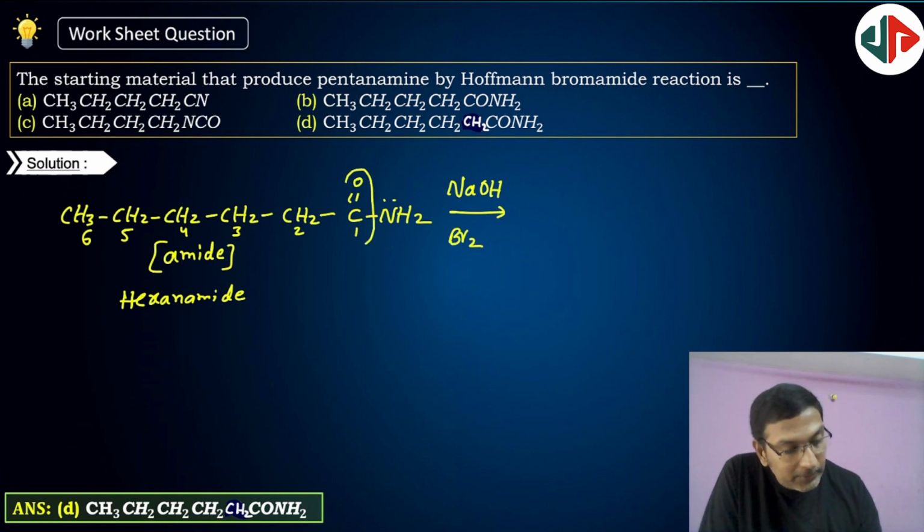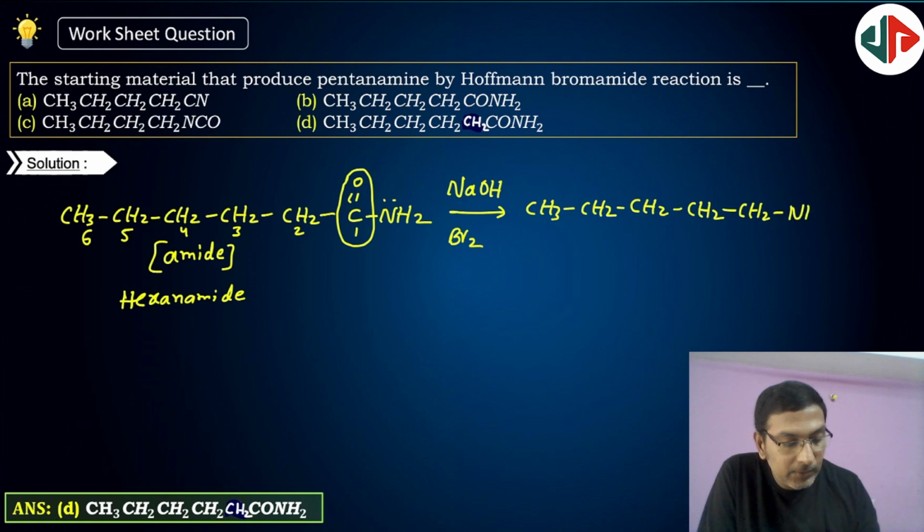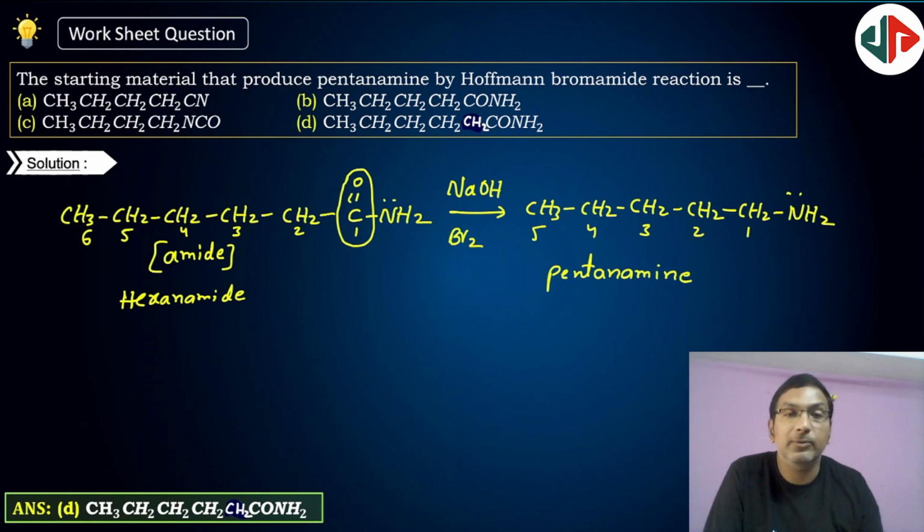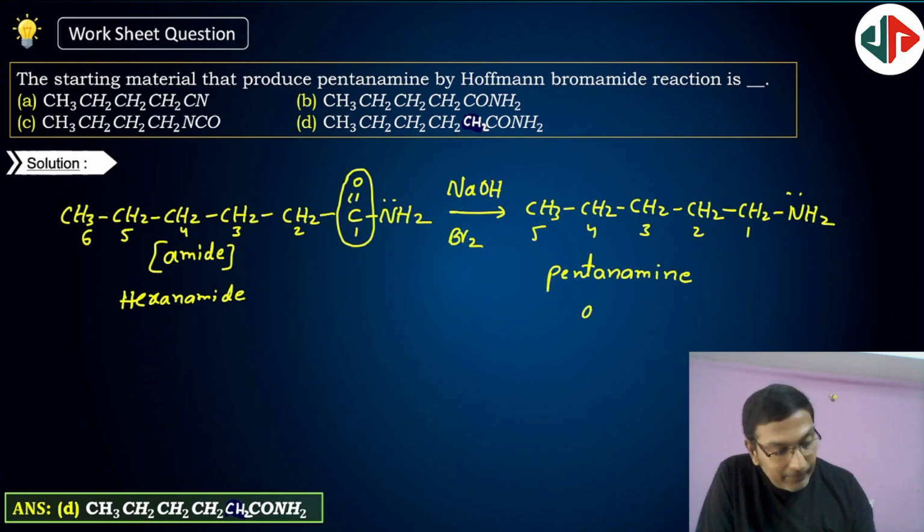So here remove just CO. It gives CH3CH2CH2CH2CH2NH2, 5 carbons, pentanamine, which is given compound. From hexanamide, we will get pentanamine, which is amine.